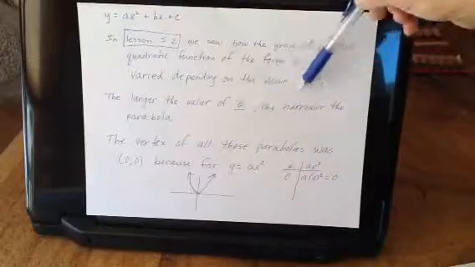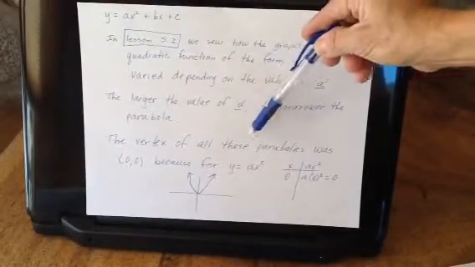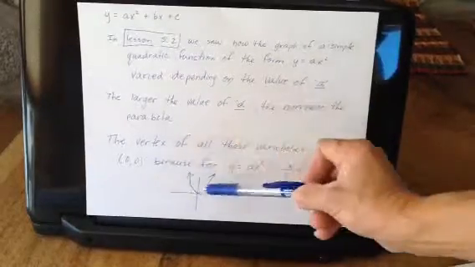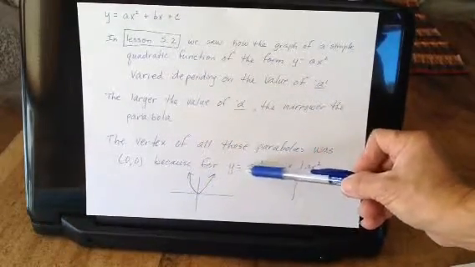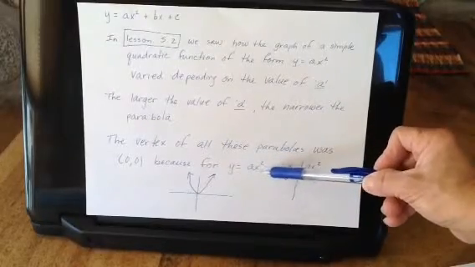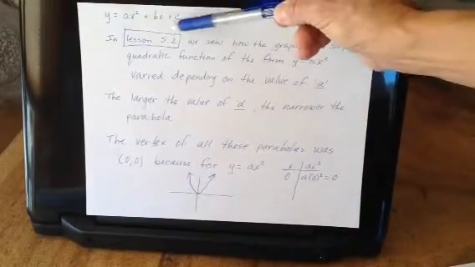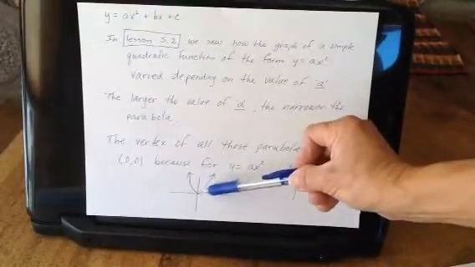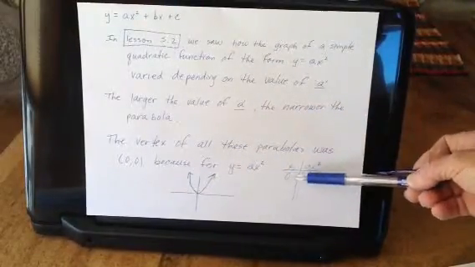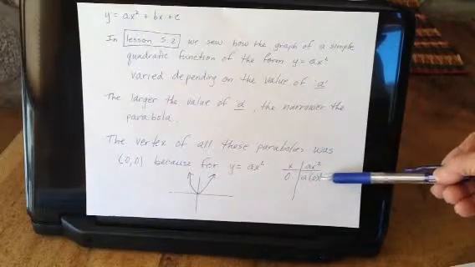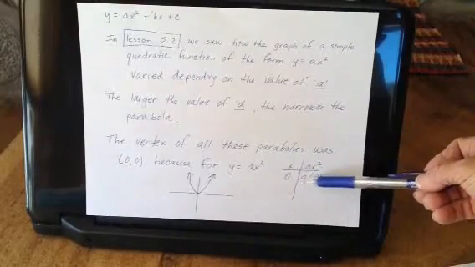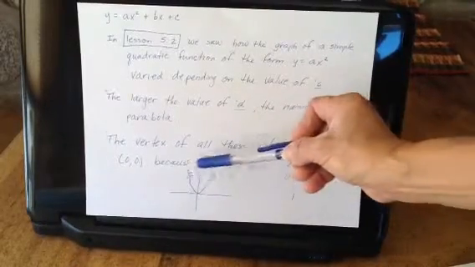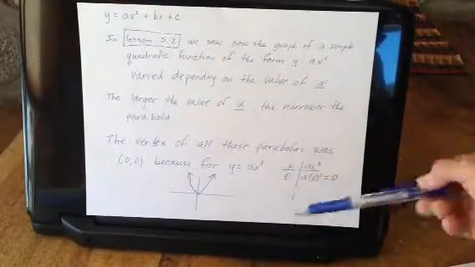However, every single one of these parabolas was located at the origin of 0, 0, because the form of y equals ax squared, where we have no bx or c, will always end up at the origin, because when you put in a 0 for x, 0 times whatever a is going to come out 0. And when we graph this, that's going to end up being our vertex.